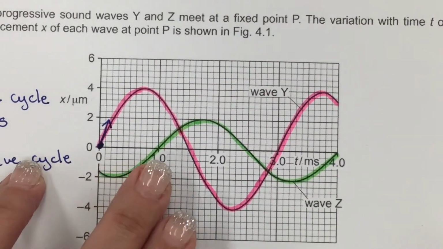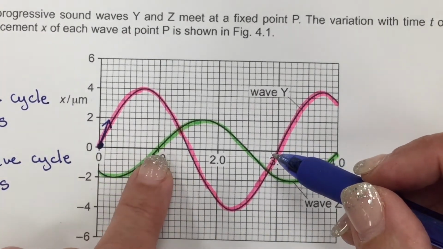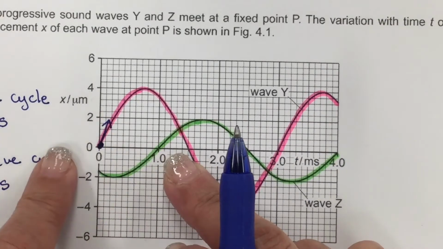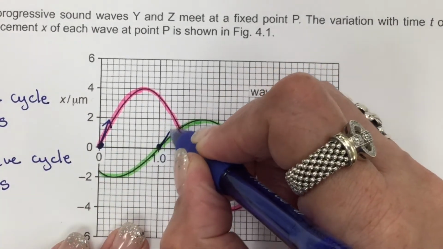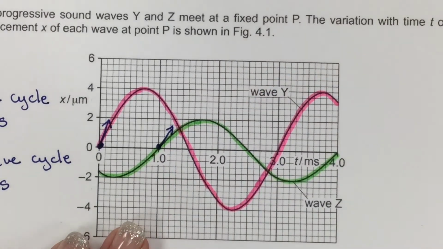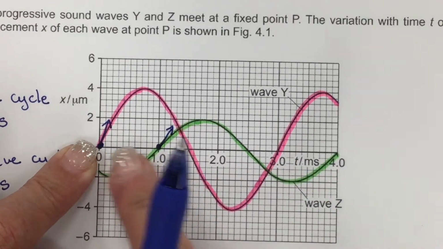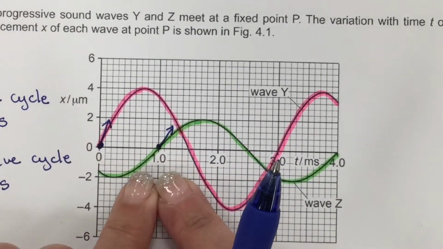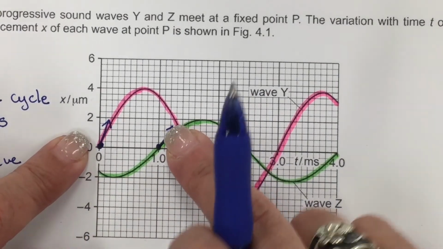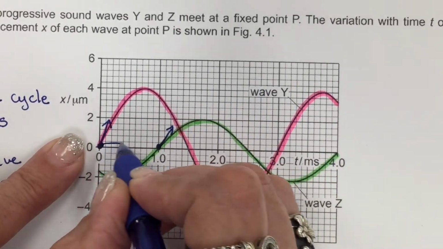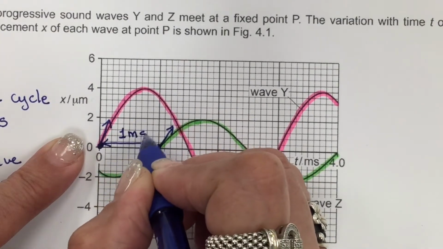And if I pick one point on the green wave that is doing the same thing as the pink wave, we can use this one here, going up. So the difference in the x between both is 1 millisecond minus 0, which is 1 millisecond. So the distance between both here is 1 millisecond.